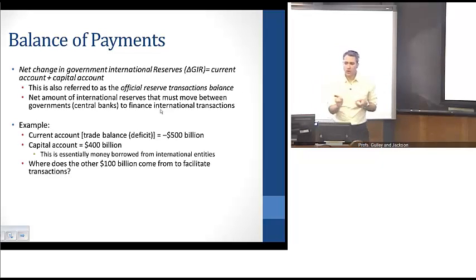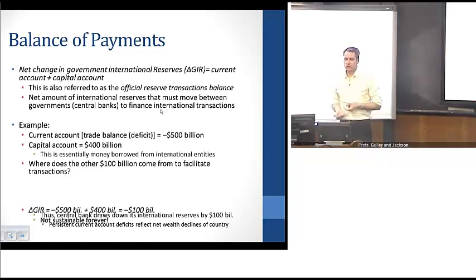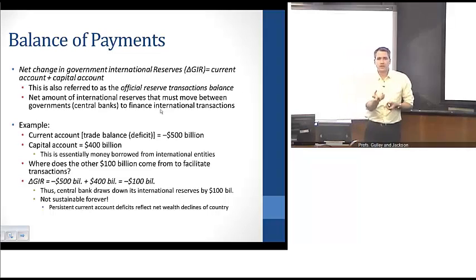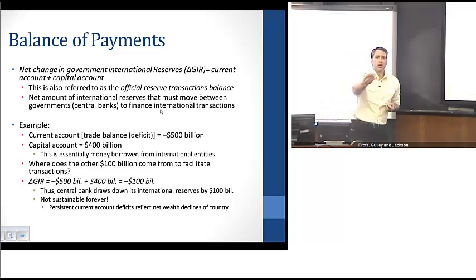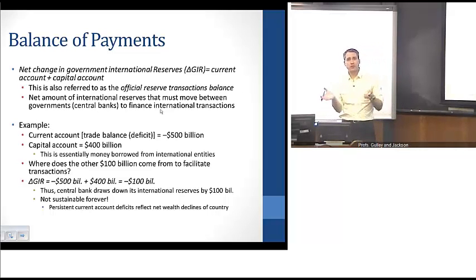Well, there's $100 billion that's missing in order to facilitate the $500 billion we imported. And so that comes from the central bank. And so the central bank draws down its international reserves by 100 billion. So the Fed would then give 100 billion to a foreign central bank in order to cover the shortfall between the capital account and the current account.